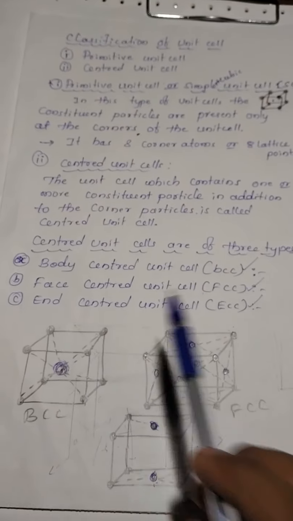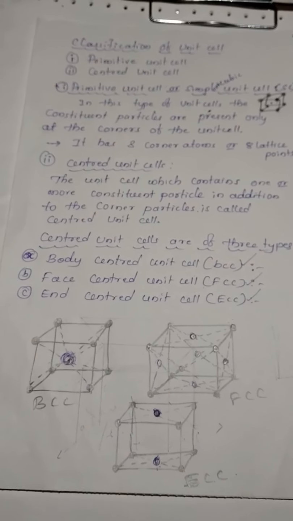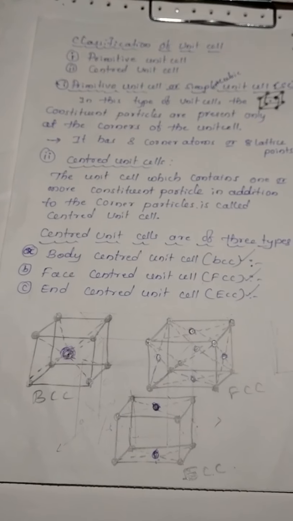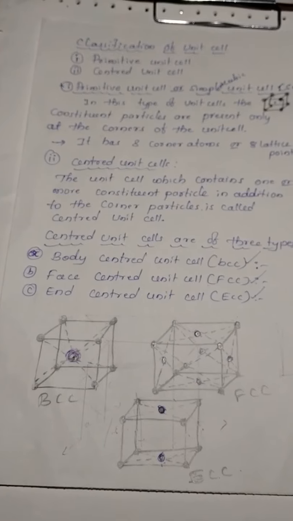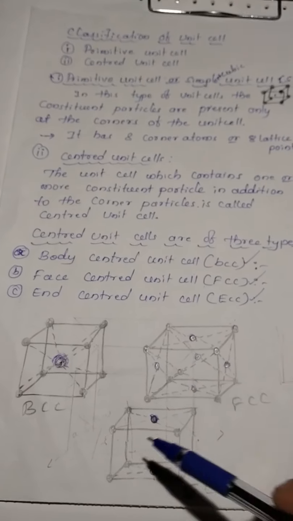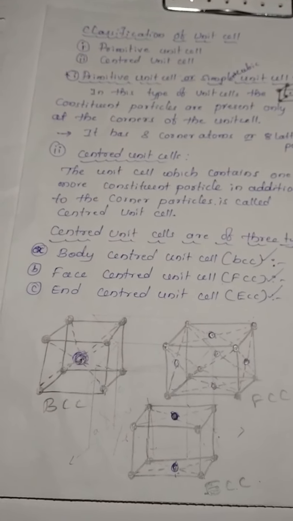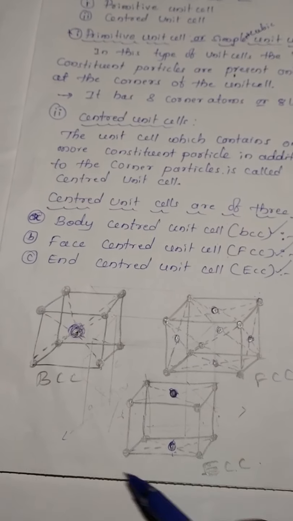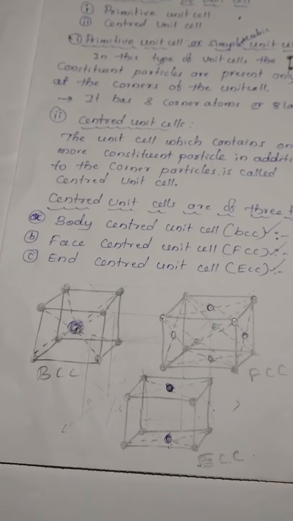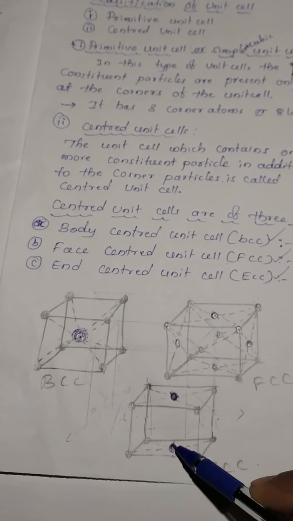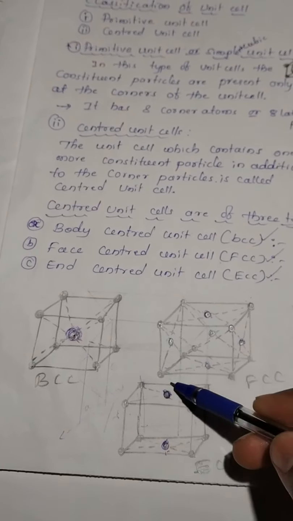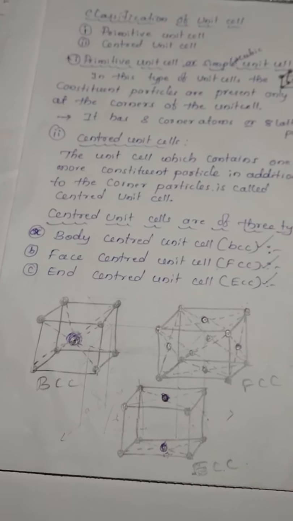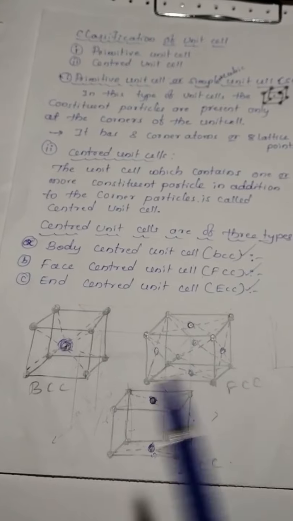Next one is end centered unit cell. In this type of centered unit cell, in addition to the particles at the corners, there is one at the center of any 2 faces. Once again I will repeat. In addition to the corner particles, if a particle is present at the center of 2 opposite faces, such a unit cell is called an end centered unit cell.